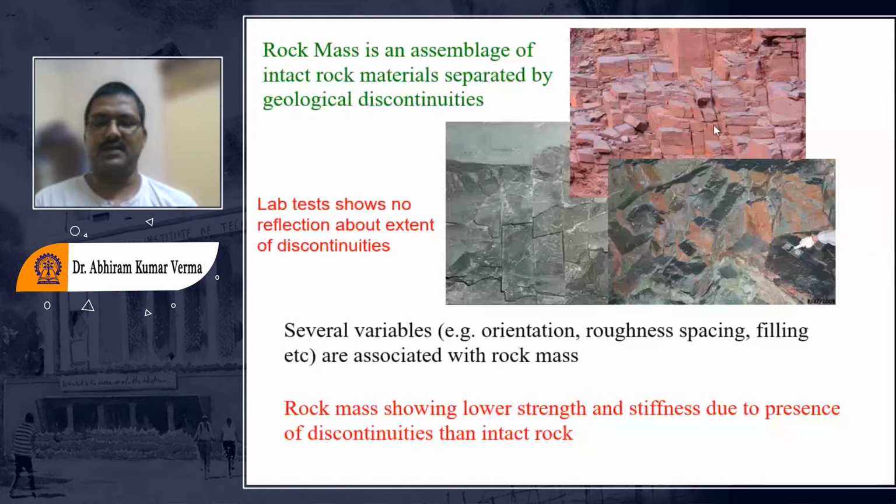This is a red color figure. This is a rock, and you can see the discontinuities are such that you can see a brick type of structure. And this photograph was taken by me while visiting an iron ore mine, and you can see this is the hematite, and it is like a brick shape, right?